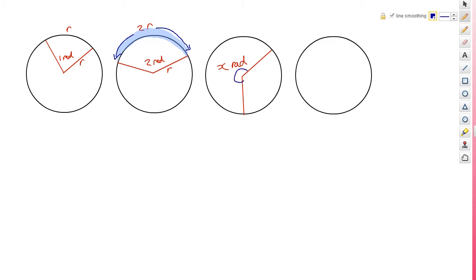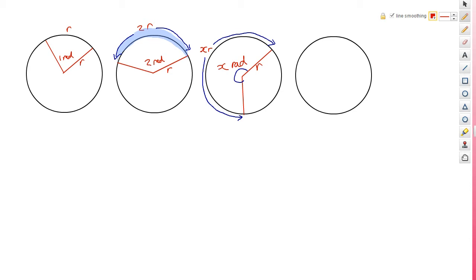Well, that must be the angle subtended by an arc length of xr. Let's try and draw that on. That would be the arc length going all the way around from side to side there. So that's an arc length of xr. So the arc length is always the radius times the angle, in other words.